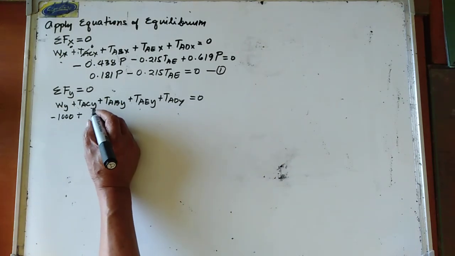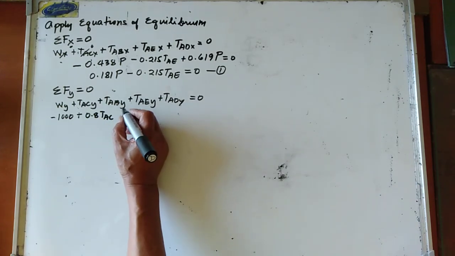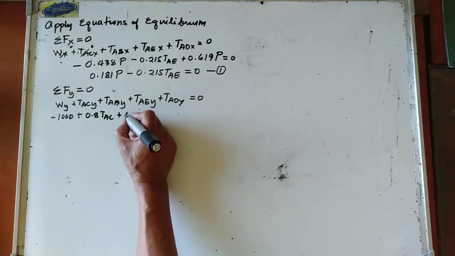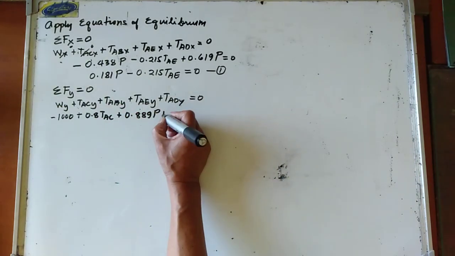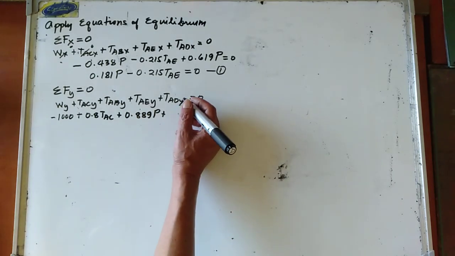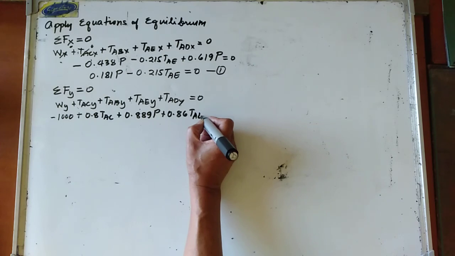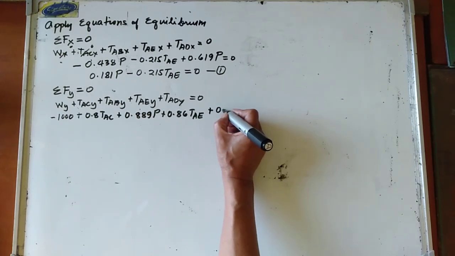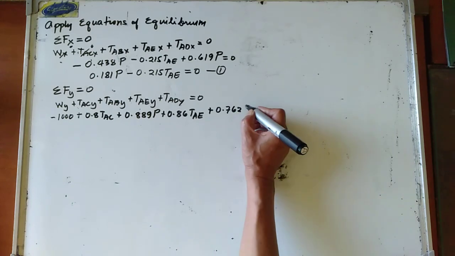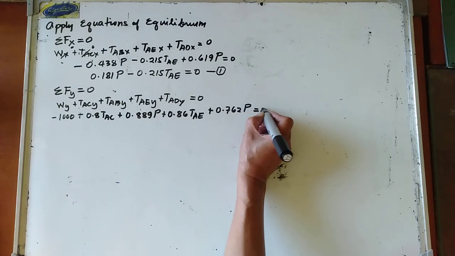Plus 0.8 TAC plus 0.889P, so that is TABY, plus 0.86 TAE plus 0.762 TADY, and that one TAD is equal to P, and that one is equal to 0.